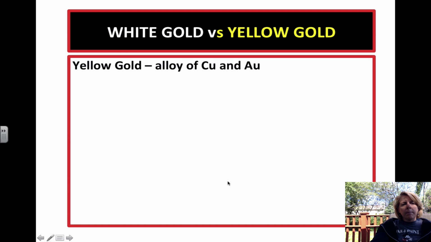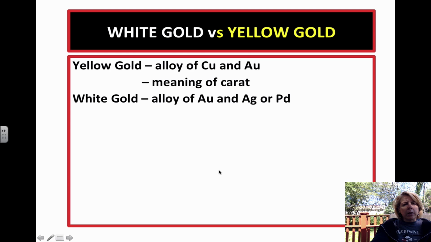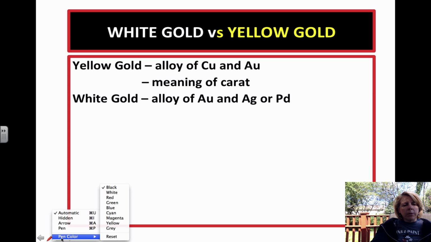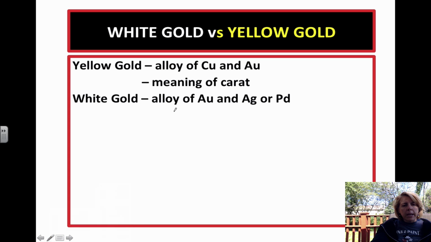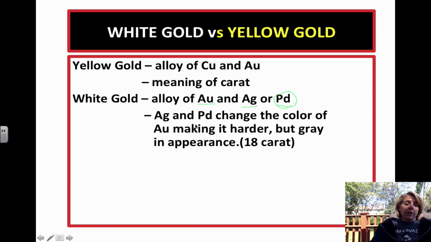Okay, my wedding ring is actually white gold. When the jeweler made my ring, they combined silver, gold, or palladium. It's one of the popular pieces of jewelry now. Gold by itself, if you were to bite into it, the prospectors used to chew on it a little bit just to see if it was soft enough. Gold by itself is too soft, especially for jewelry that you wear every day, so you don't want pure gold.